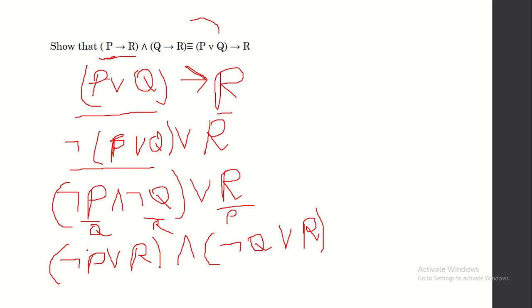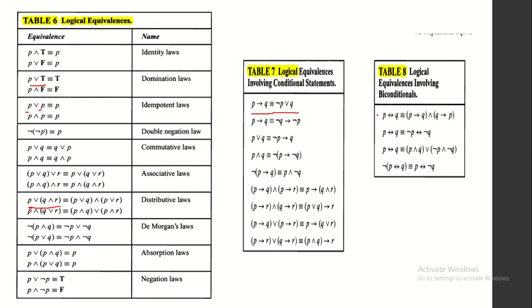Now you can remember that we wrote P implies Q is equivalent to not P or Q, right?